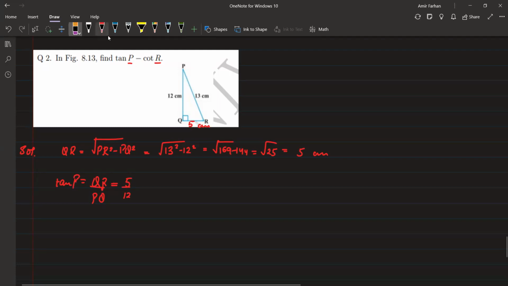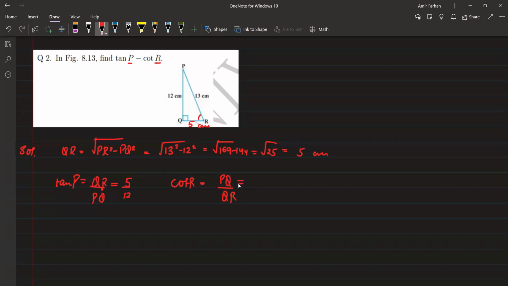So the angle is changed to R. Now cot R is equal to, this is the angle, so this will be the perpendicular.